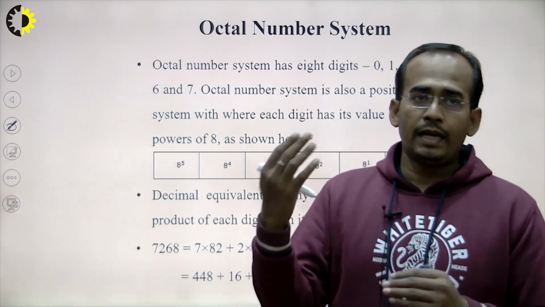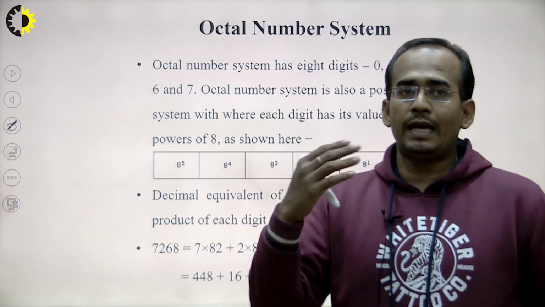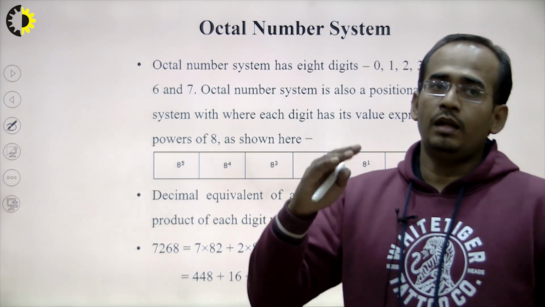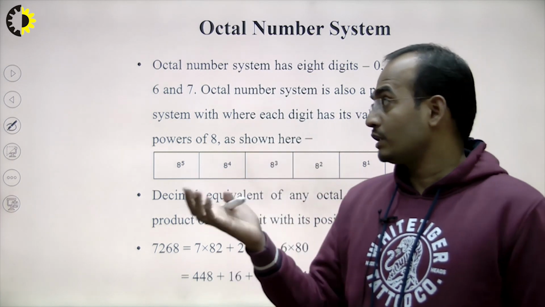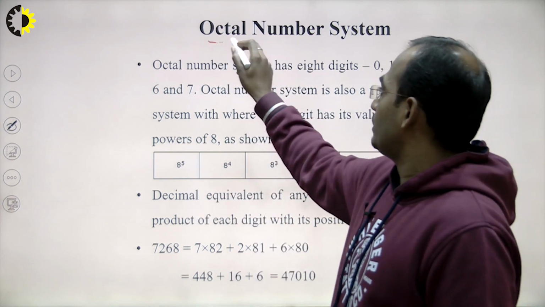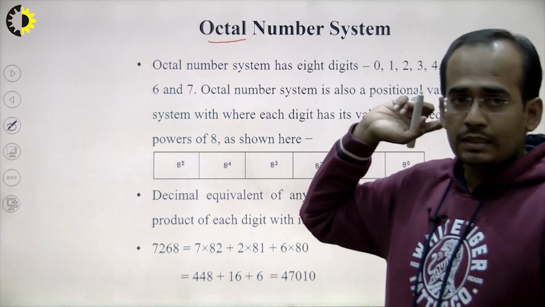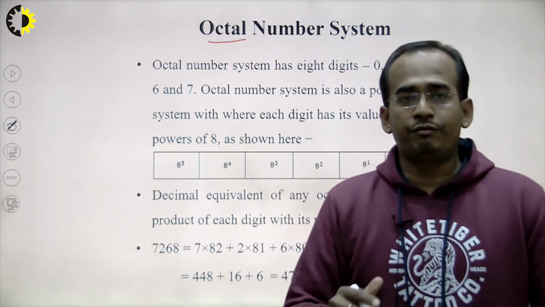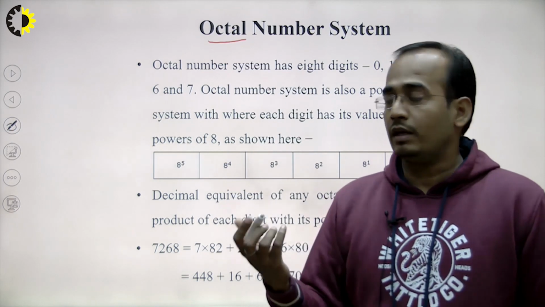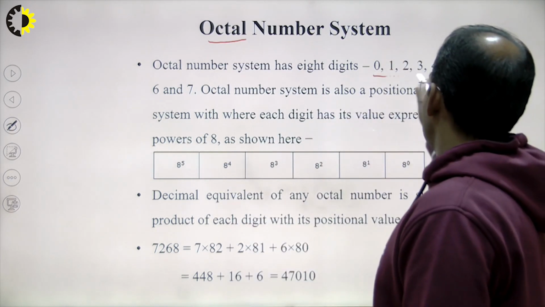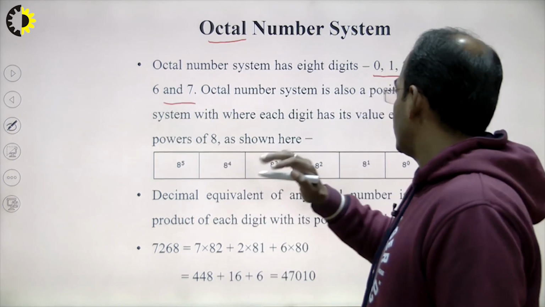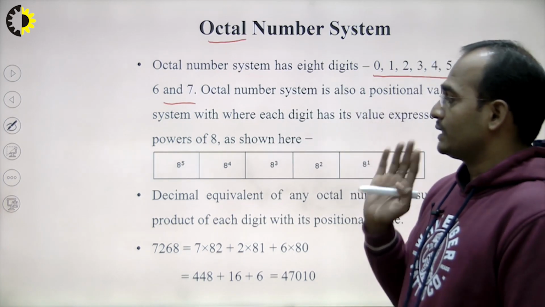If I am using a base n number system, then the digits will vary from 0 to n minus 1. Here I am using the octal number system, it means this is a base 8 system and the digits will vary from 0 to 7, or 0, 1, 2, 3, 4, 5, 6 and 7.